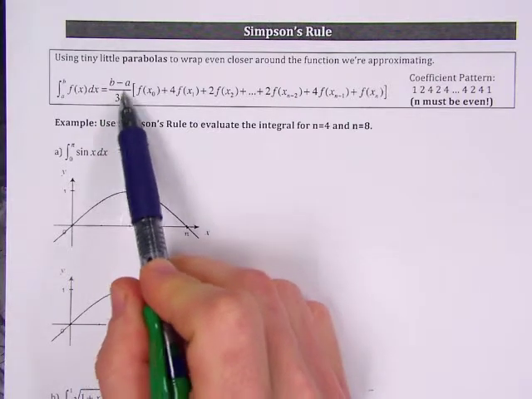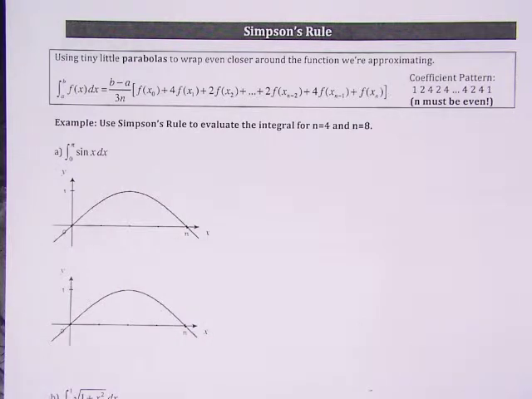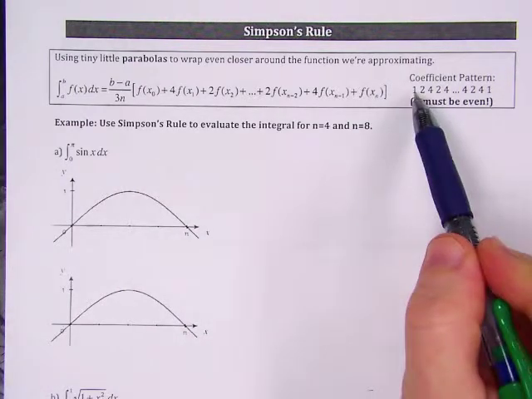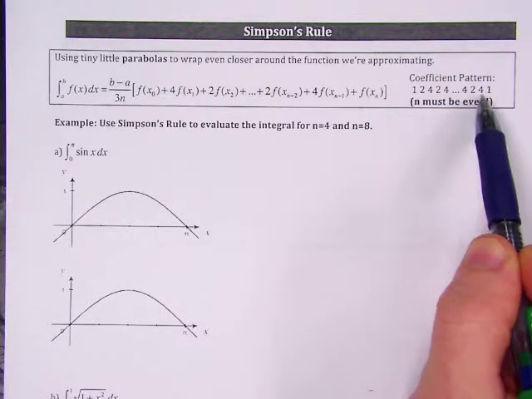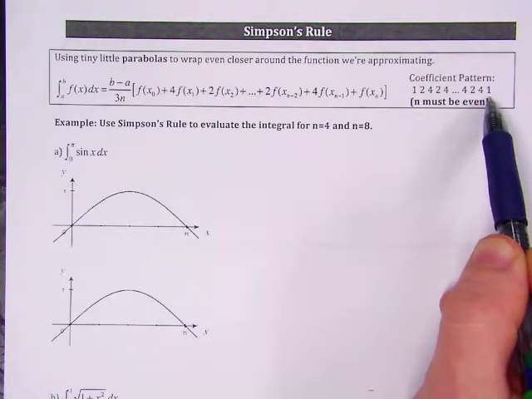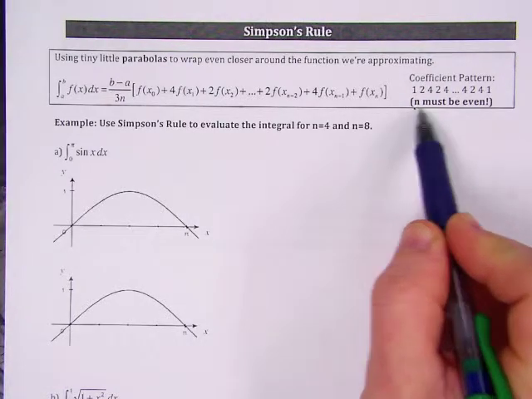And now the coefficients start at 1, and then they alternate between 4 and 2, and end in this pattern for 1. So for Simpson's rule to work, n has to be even. So that's the stipulation of the question.